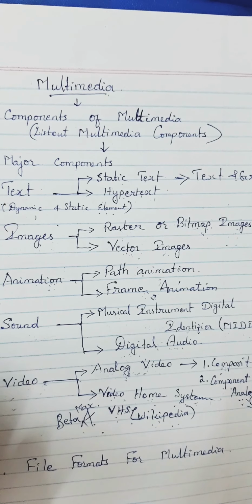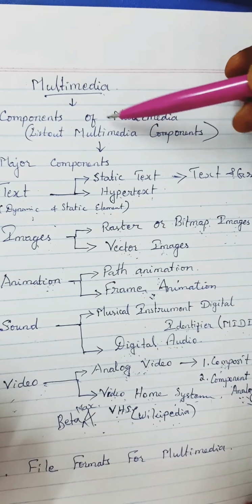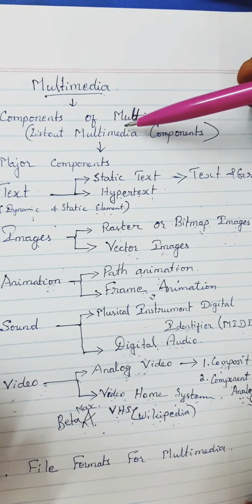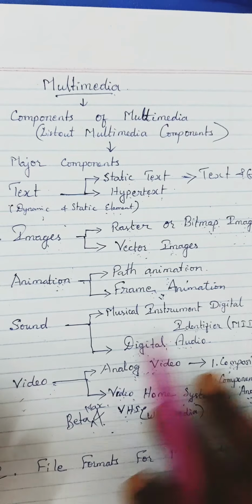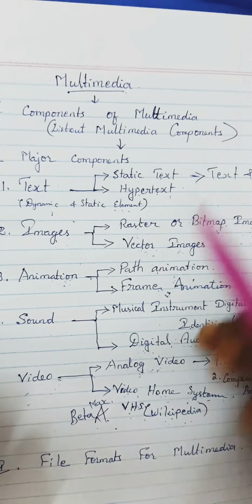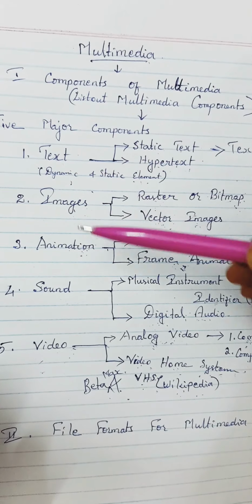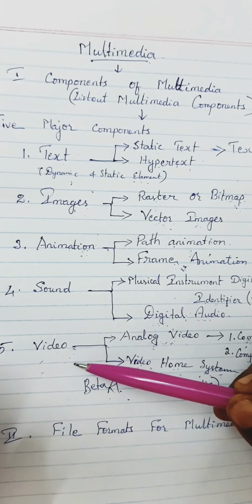All these together are called multimedia. Components of multimedia is the first topic for us. The 5 components are text, images, animation, sound and video.